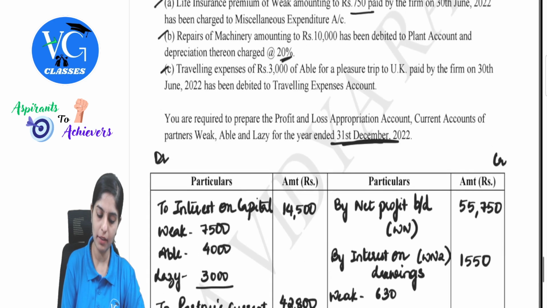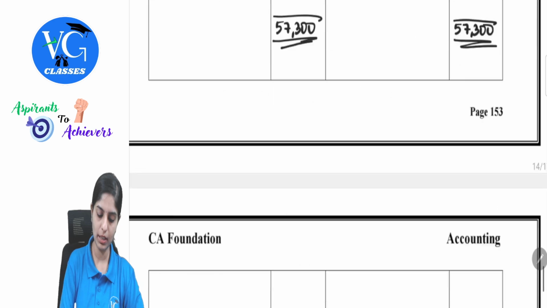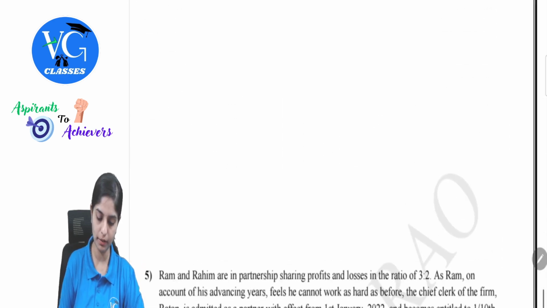In this question, they have asked us to prepare P&L appropriation and also current accounts. So let's quickly do the current account.